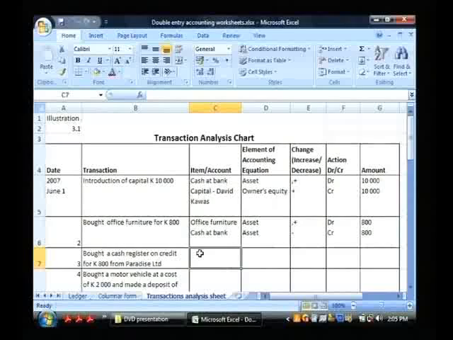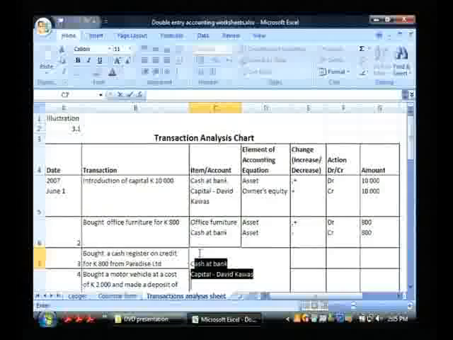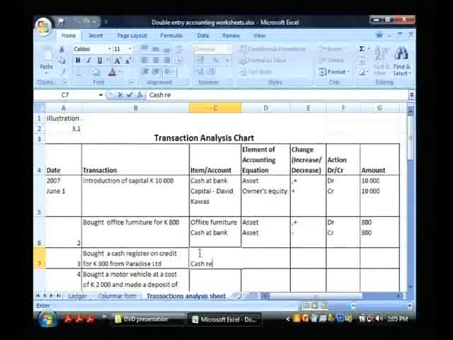Next is purchase of cash register. Cash register is an asset, so therefore the account involved is cash register. So we have to have separate accounts for each and every type of asset, and it is not a cash payment, it is a credit purchase.